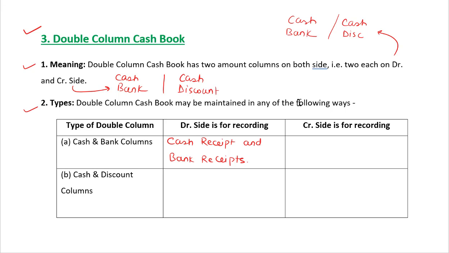What we will record on the credit side? The payments. Yes, cash payments and bank payments. That is check payments.